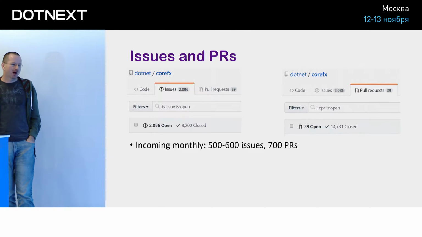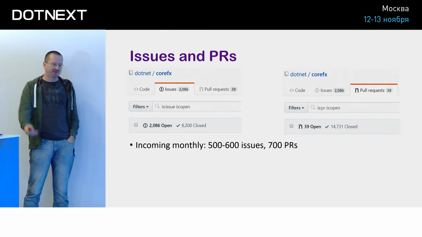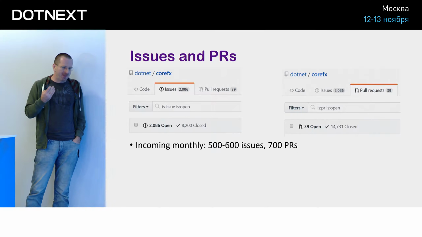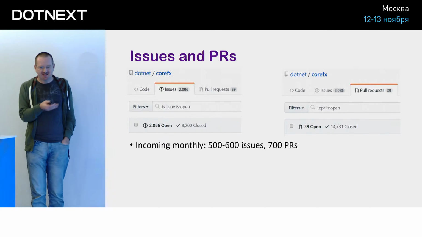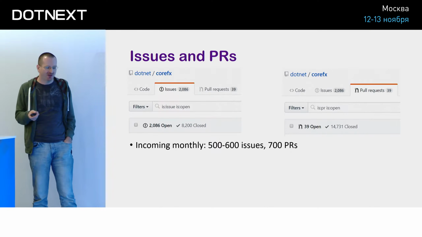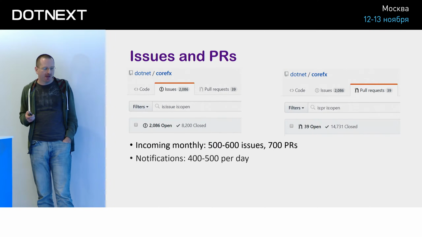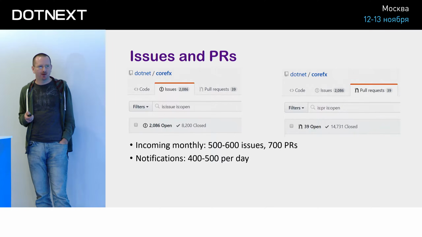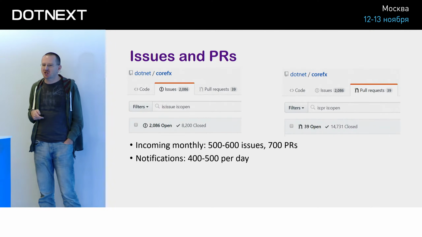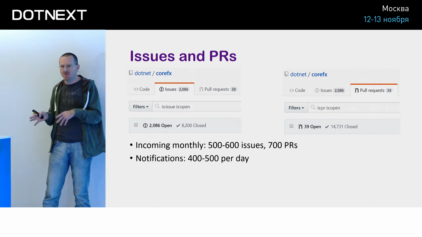This number of PRs and issues comes with a tax. Monthly we get roughly 500, 600 new issues, roughly 700 PRs every month. That's a lot. And if you've ever been on GitHub, you get notifications, in the web UI or via emails.